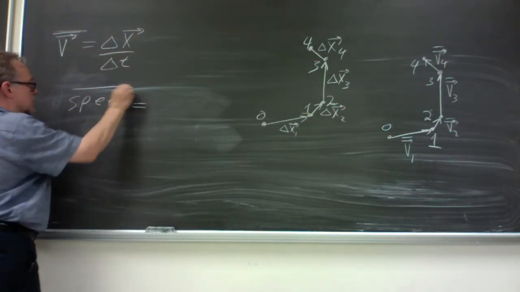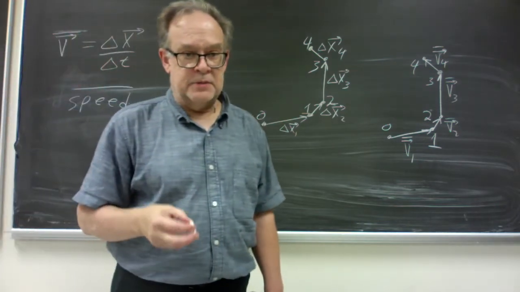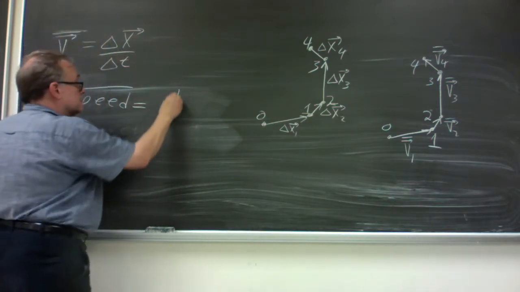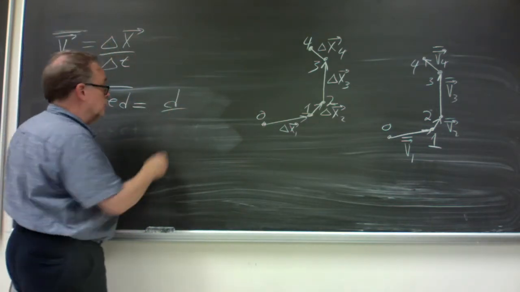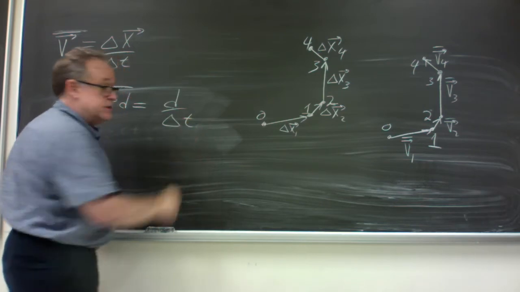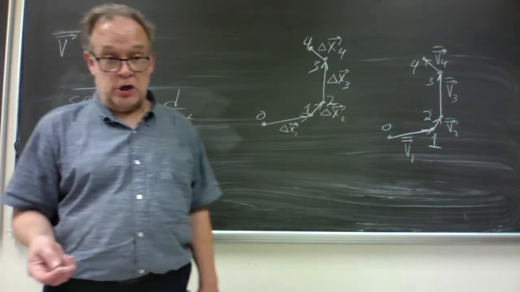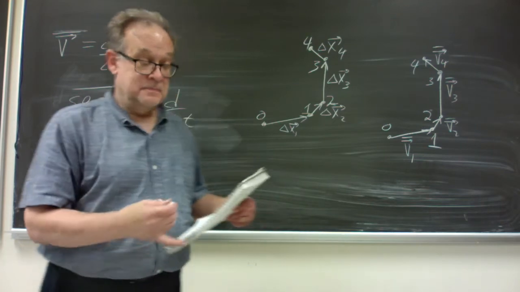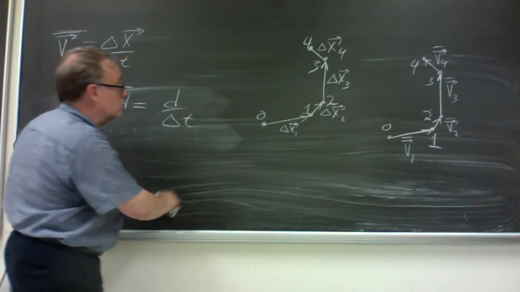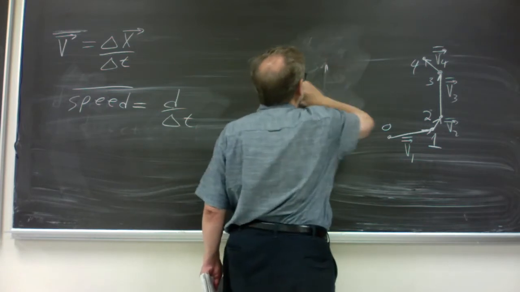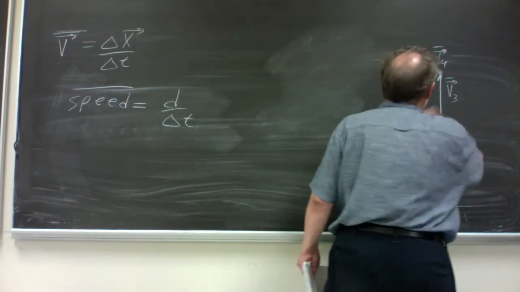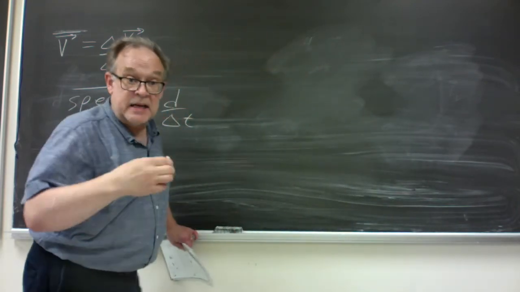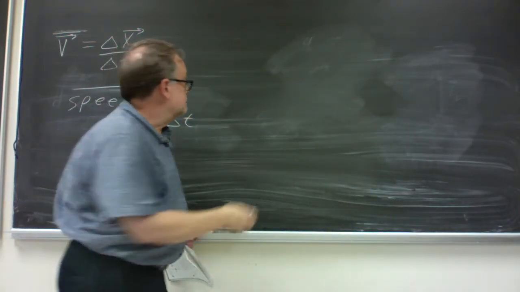Speed, and put the line over top to indicate that we're really talking about average speed in this case, is just the distance traveled divided by the length of time it took to travel that distance. So for example, think about the second hand on a clock.